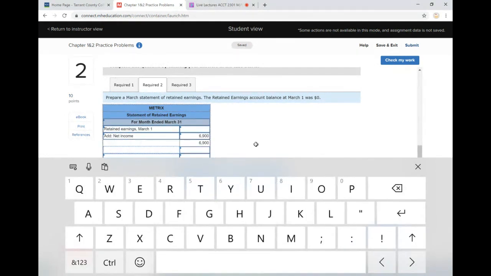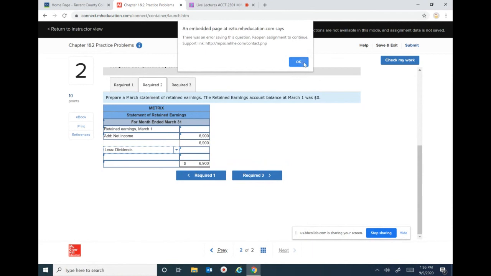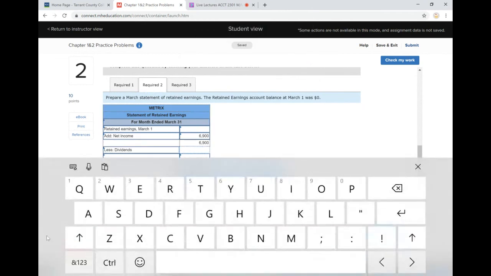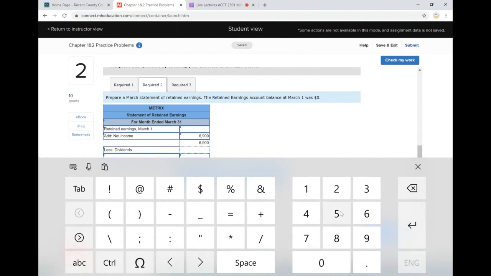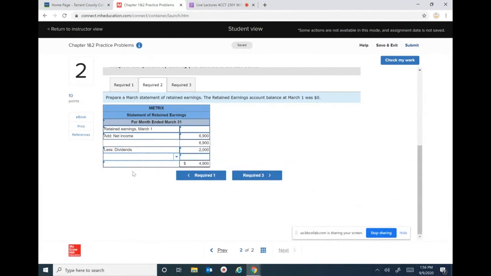Then I will subtract dividends. Dividends, I saw up there in the table, dividends are $2,000. And I will be able to calculate retained earnings at the end of March to be $4,900.